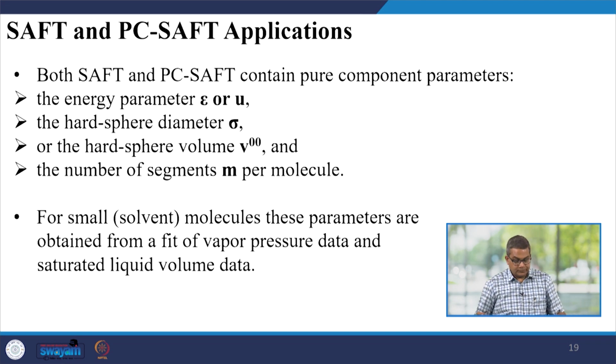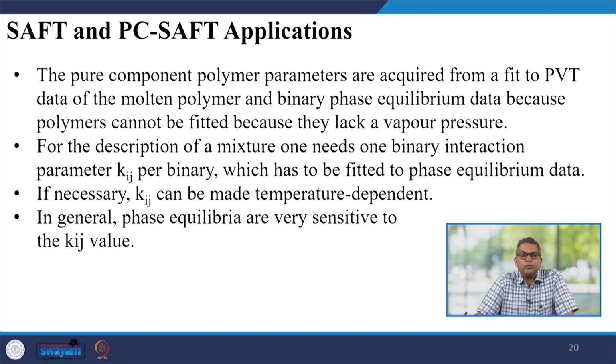Now both SAFT and PC-SAFT contain pure component parameters, that is the energy parameter epsilon or u, the hard sphere diameter sigma or hard sphere volume v00, and the number of segments m per molecule. For small solvent molecules, these parameters are obtained from a fit of vapor pressure data and saturated liquid volume data.